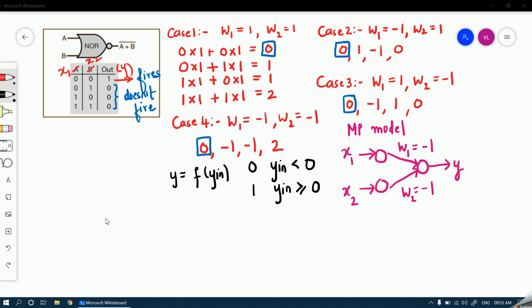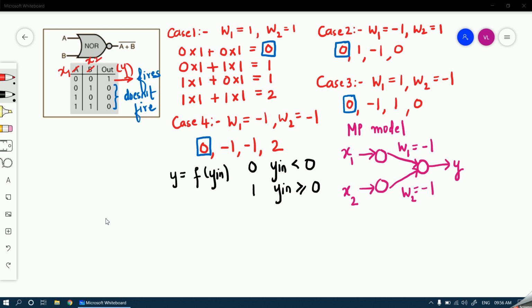We determined the value of weights, which are nothing but -1 for W1 and -1 for W2, which are your inhibitory weights and not excitatory weights, and from these weights we were able to calculate the value of theta, which is the threshold, and here in this case the value of theta is 0. We also drew the McCulloch-Pitts model, as you all can see on the screen.